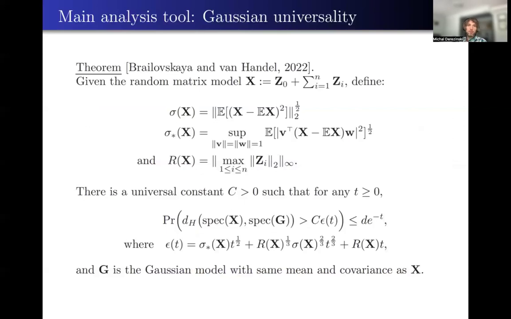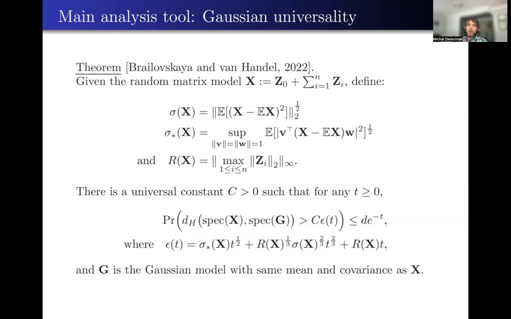Okay, so as far as the analysis goes, I will just briefly mention one of the key tools we use, which is Gaussian universality results for random matrices, for models of sums of i.i.d. random matrices.